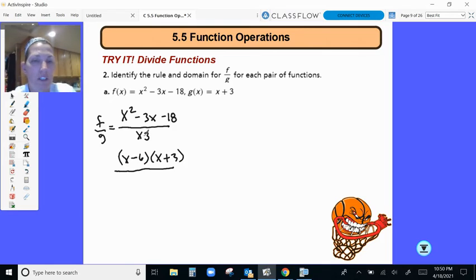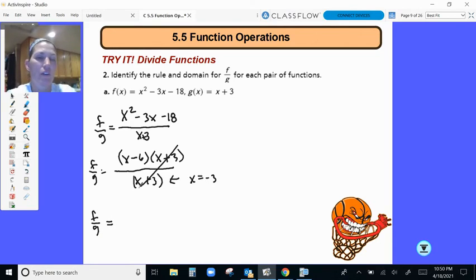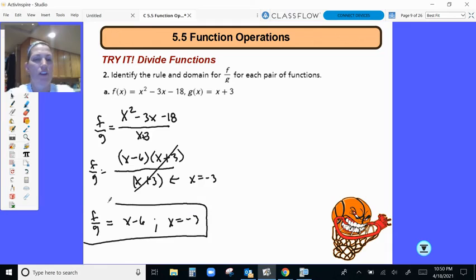So right here, x cannot be equal to -3. Okay, so my f over g is going to equal, that will cancel out, x minus 6, but it cannot equal -3, right? And so there you have it.